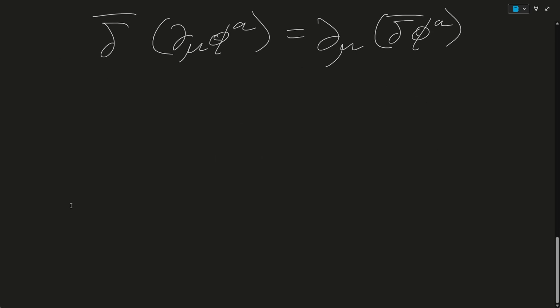Let's look into that a bit more though. What does it mean for a transformation to be symmetric or be a symmetry? Well, we don't necessarily need the Lagrangian density to stay invariant. We only need our action to stay invariant, and of course those aren't perfectly equivalent.